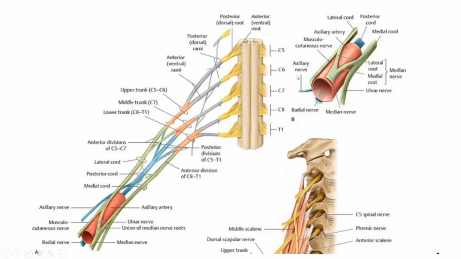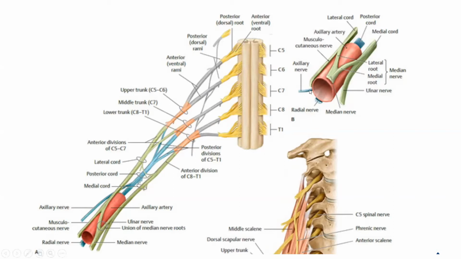And finally, the posterior cord gives two branches. One is the axillary nerve that we already mentioned, which goes to the quadrangular space together with the posterior circumflex humeral arteries and veins, or vessels, at the surgical neck of the humerus.